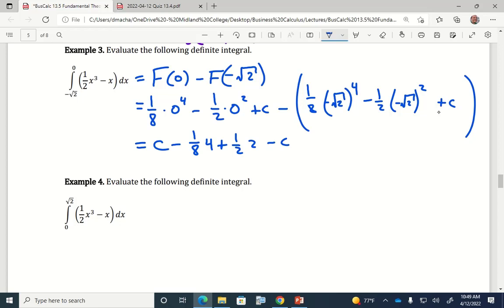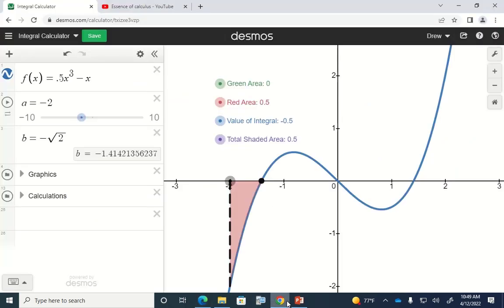So again, the c's always cancel. I didn't even really have to write the c's because I knew they were going to cancel. But this is negative 4/8, which is negative half, plus half of 2, which is 1, so that's positive half. So this definite integral, in example 3, if you do it correctly, you should end up with positive half. And let's see if Desmos is broken or not.